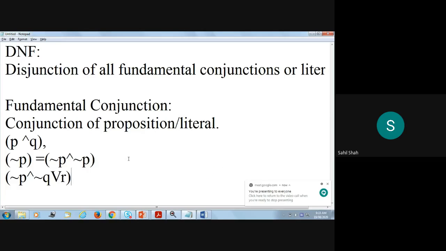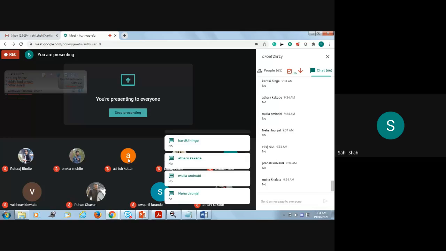And how about this one, negation P conjunction negation Q or R? Is it a fundamental conjunction? No. Why not?